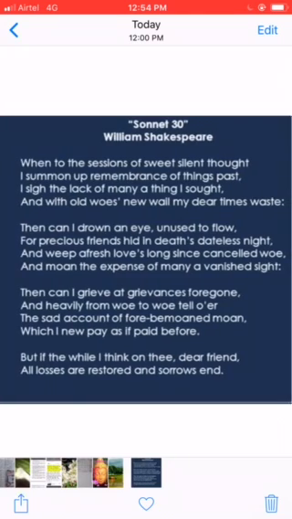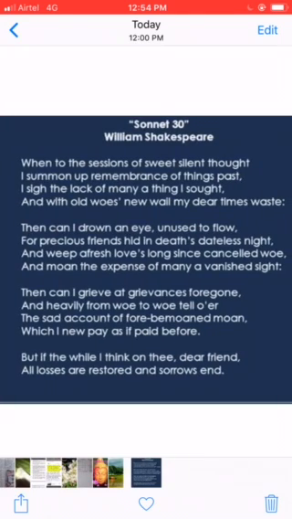So the theme of the sonnet is the healing power of love. Love heals all the pains and all the wounds.